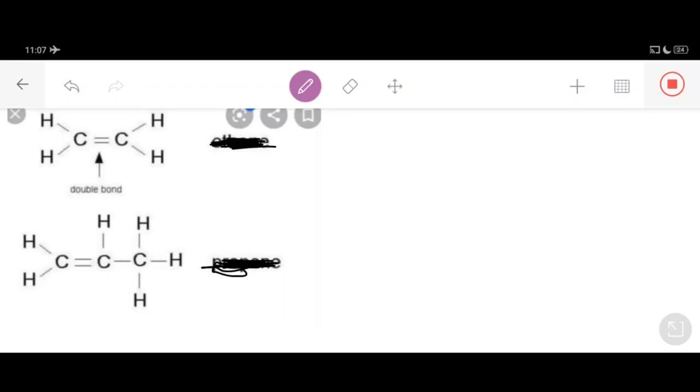One is saturated, where you will see carbon-carbon single bonds, and unsaturated means whenever you will see carbon-carbon double bonds or carbon-carbon triple bond, and that is related to the unsaturation. So we are going to study names of unsaturated hydrocarbons, which will contain sometimes a double bond or sometimes a triple bond.